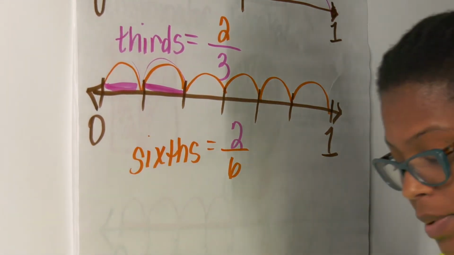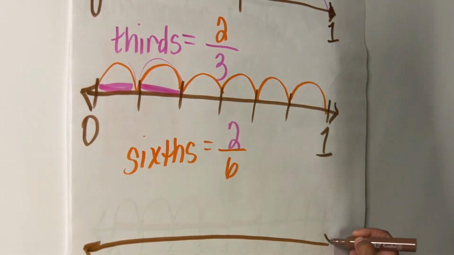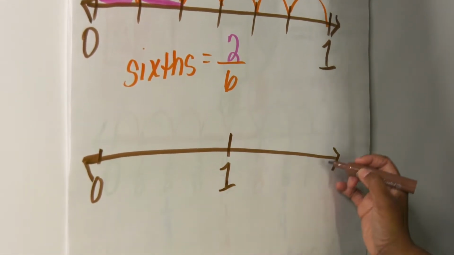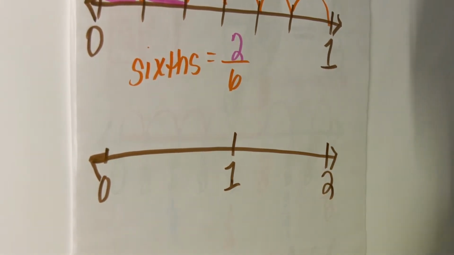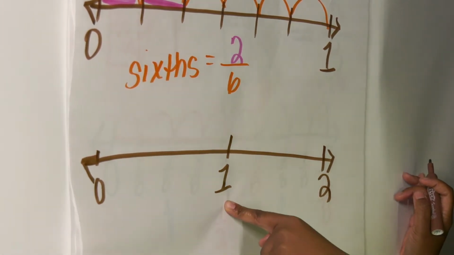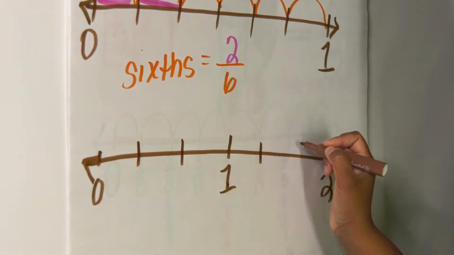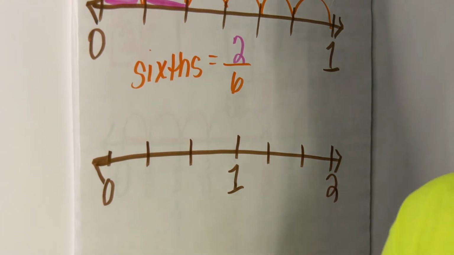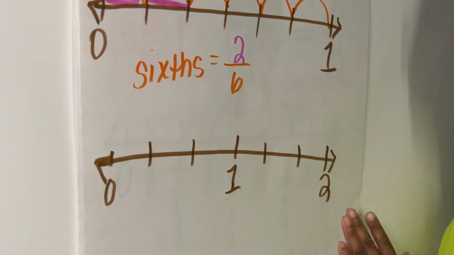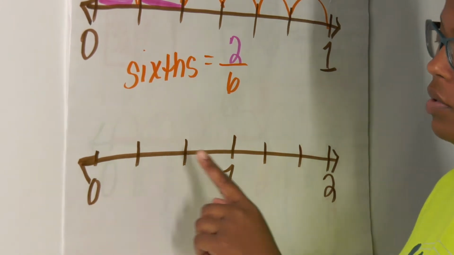All right, so now I'm gonna take it up a notch. Okay, now we have 0, 1, and 2. So we have a whole and we have 2 wholes. And I'm gonna split it like this. Now the same thing applies. It doesn't matter if you have 1, 2, and 3 on your number line. You want to find out how many hops am I hopping from 0 to 1.